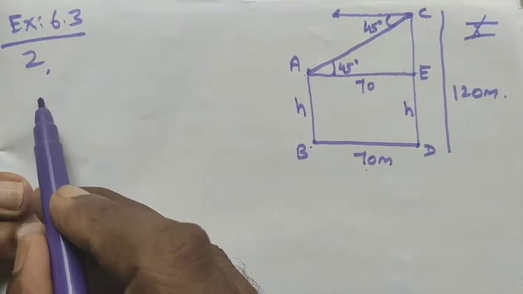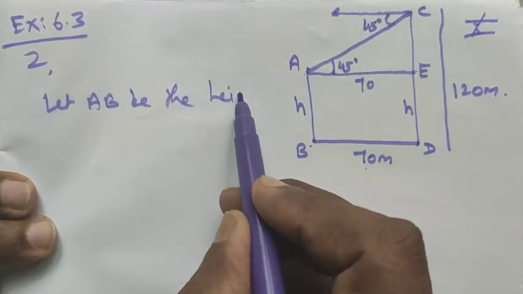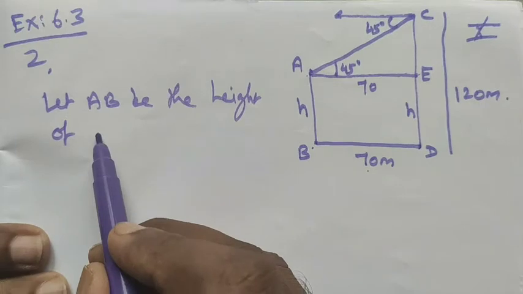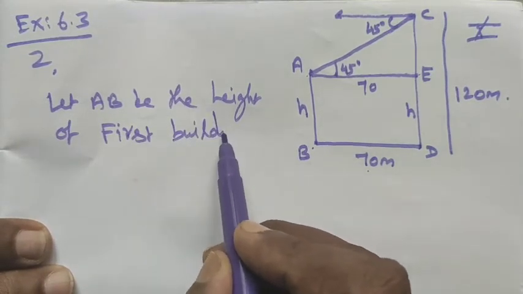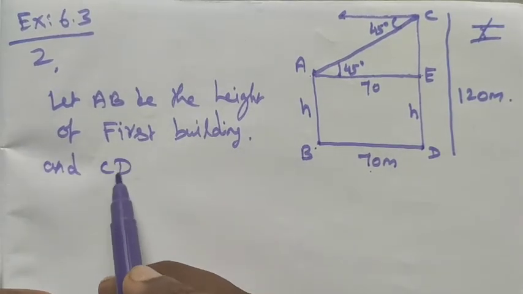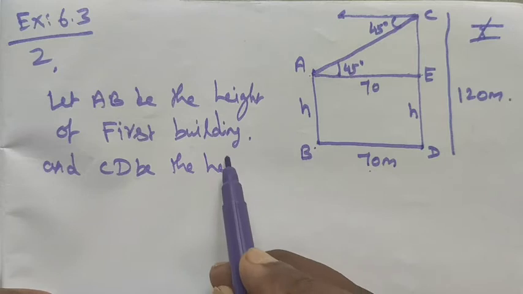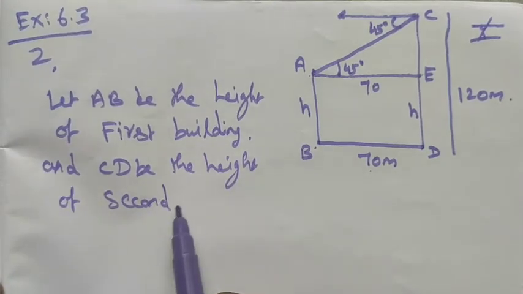Let AB be the height of the first building and CD be the height of the second building.